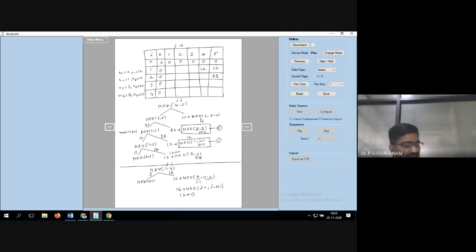I will call that the third now. So now we'll move to the third one. The third one is MFK of 3 comma 5 minus 2, also 3 only. So write that one only. So 3 comma 3.